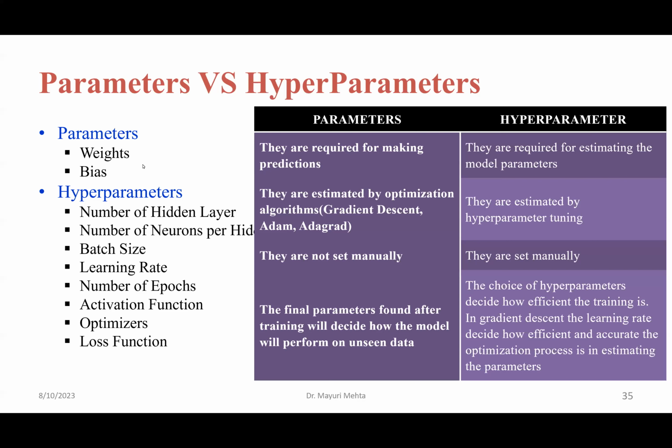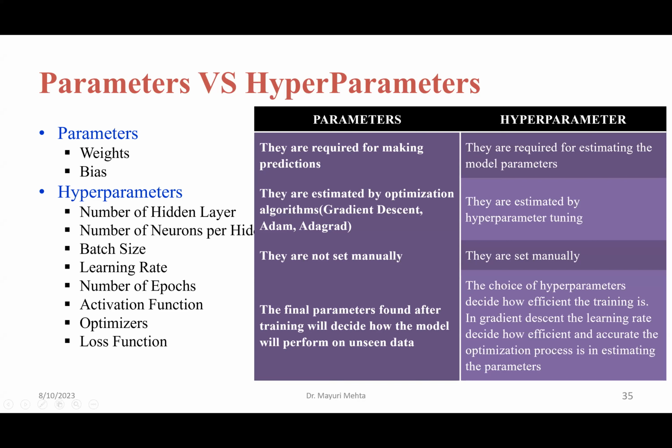Fine. Now let us discuss the hyperparameters. What is hyperparameter tuning and why is it important? These are all hyperparameters related to a neural network, and I'll tell you what a hyperparameter is.